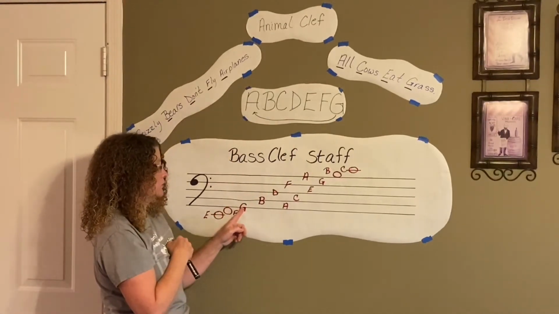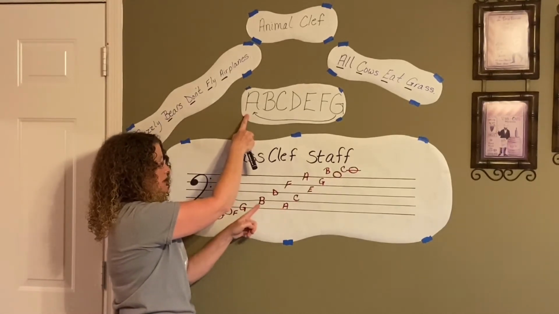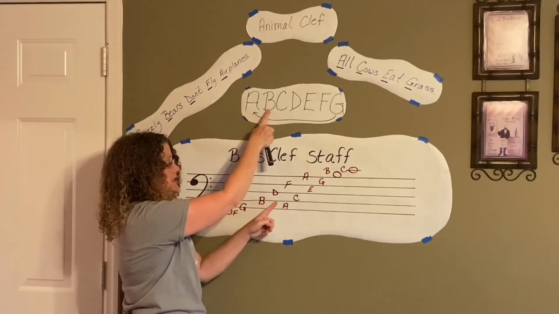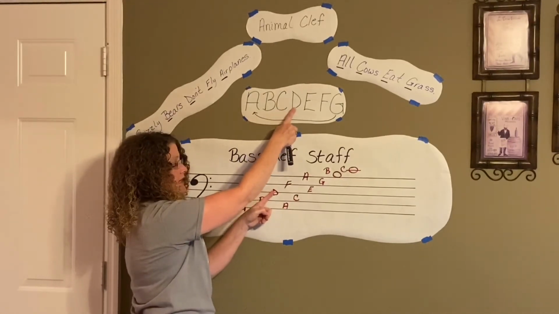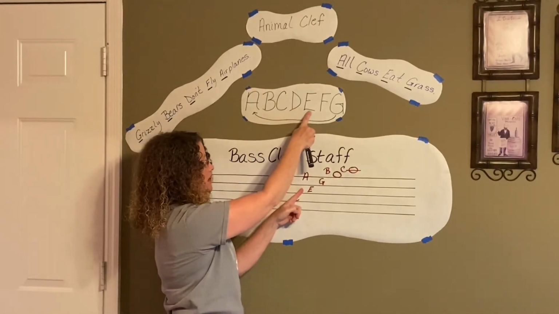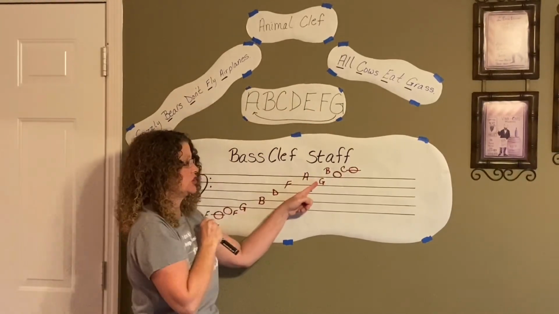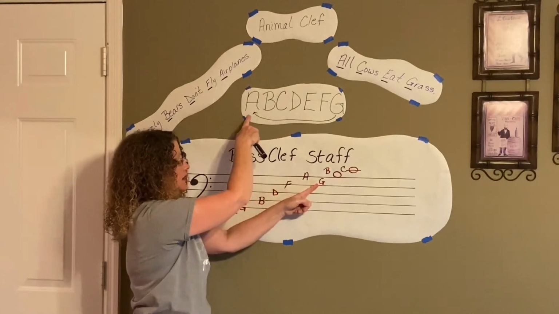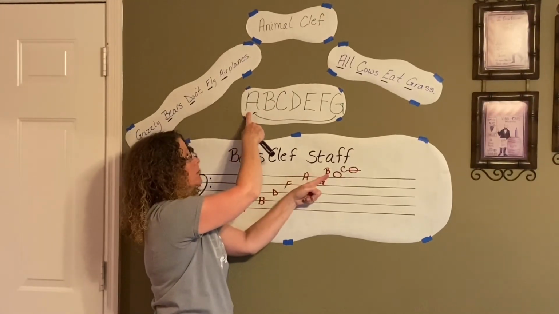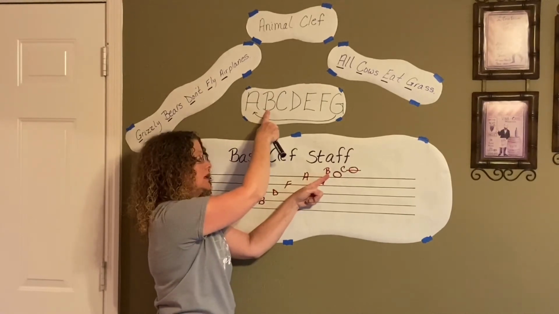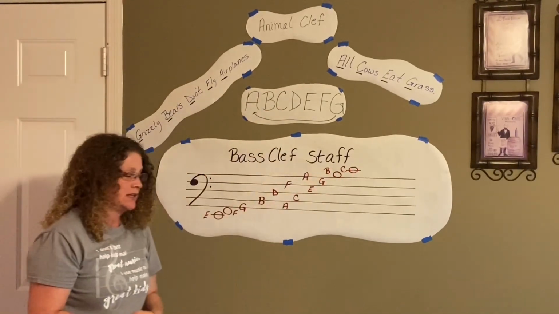We go from line 1 into space 1, sure enough it's A. Then line 2, B, space 2, C, line 3, D, space 3, E, line 4, F, space 4, G, then we have to come back, and sure enough, line 5 is A, 1 step above the staff is a space, B, and then finally 2 steps above the staff is C.